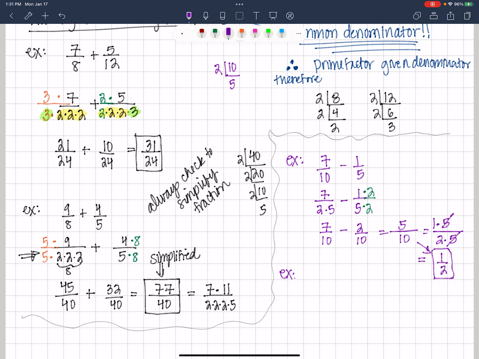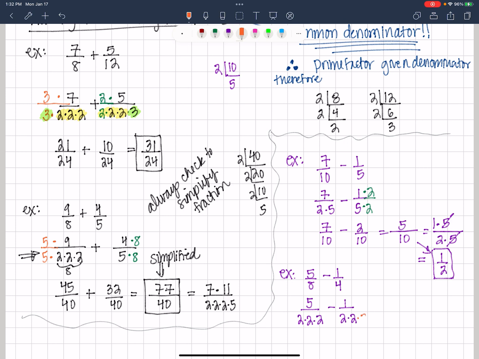Let's try another subtraction problem. Let's try 5/8 minus 1/4. And if you want to try this and then press play and come back and check the work, feel free to do that. I'm getting really used to 8 being 2 times 2 times 2, and then 1/4, that's going to be 2 times 2 in the denominator.